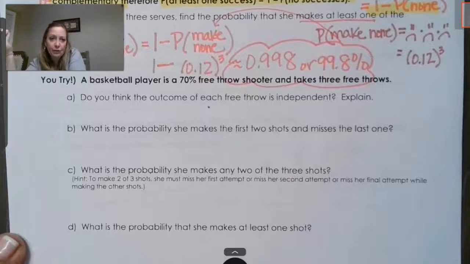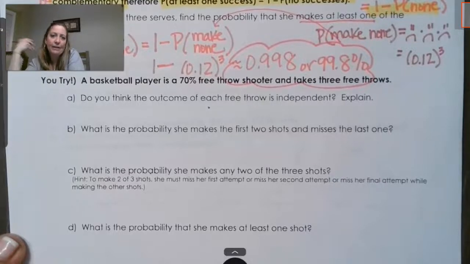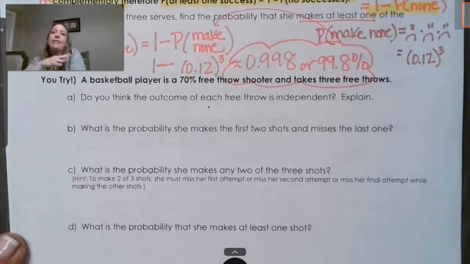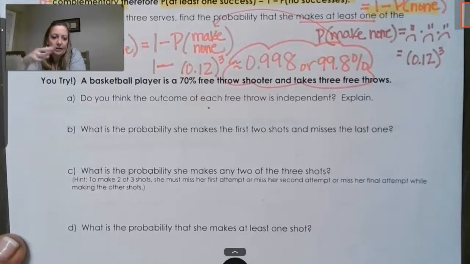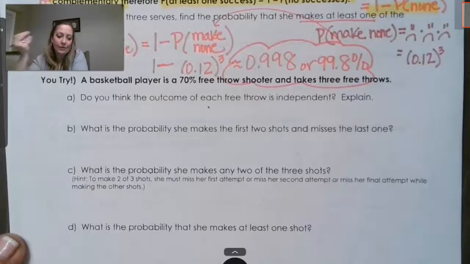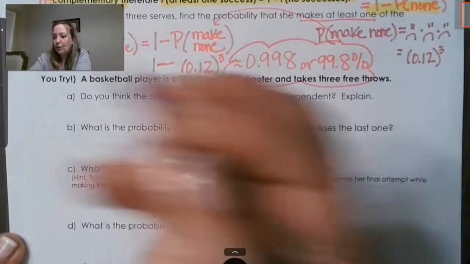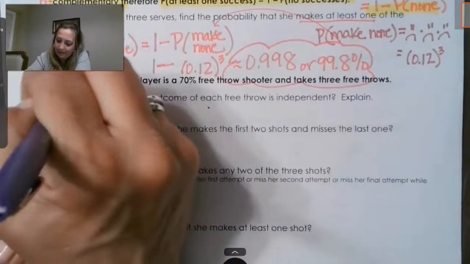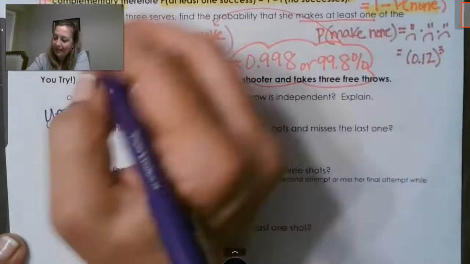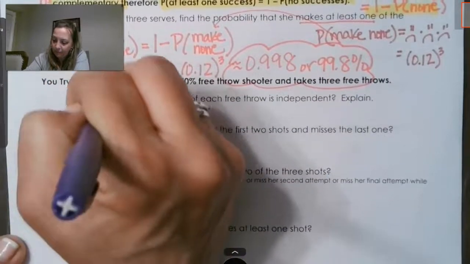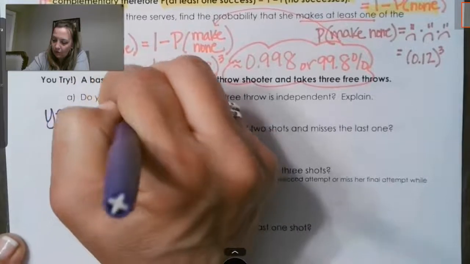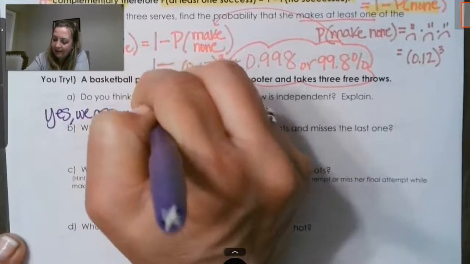We usually assume independence. Back when we talked about the hot hand in sports, we always assumed that one outcome was not going to affect the other. So we always kind of assume independence. And so here I'm going to say yes, we assume independence.